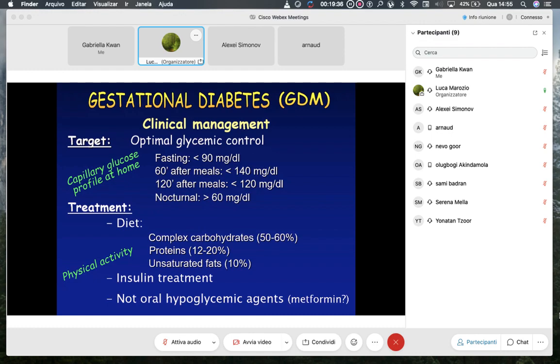It's very difficult for them to do that. Anyway, we have to suggest that physical activity may be useful not only in the treatment of gestational diabetes, but also in the prevention of pregnancy complications such as preterm delivery or preeclampsia.